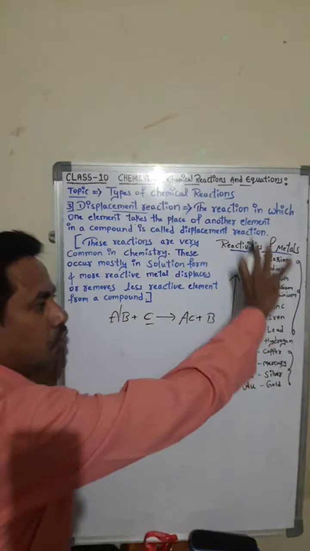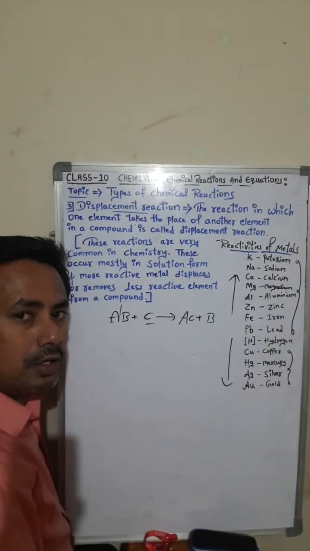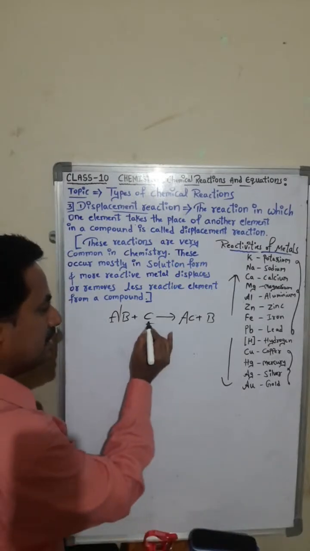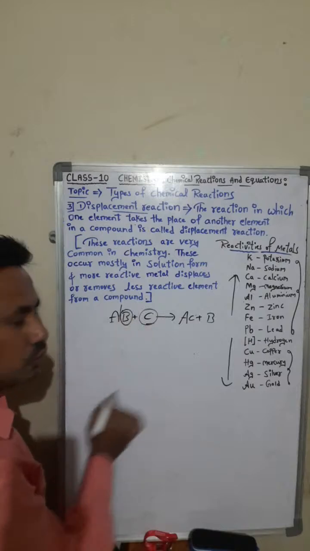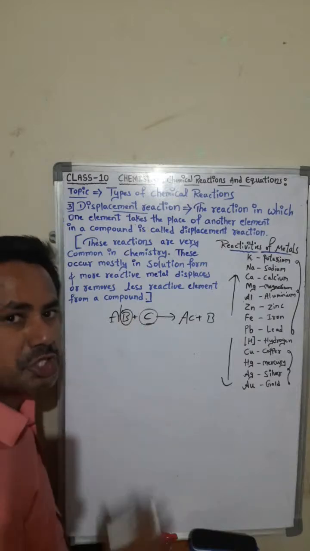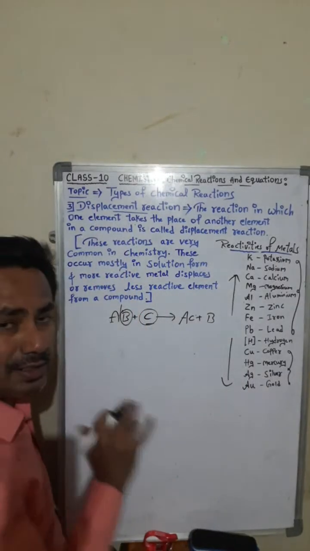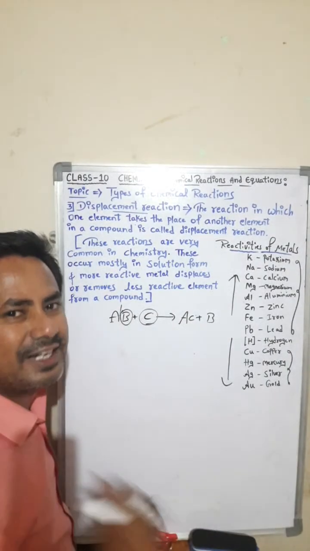Always a more reactive element displaces a less reactive element from a compound. See, here C is more reactive, B is less reactive, so that's why C takes the position of B. That is called displacement. What happened? The place changed, displaced here. So that's why it is a displacement reaction. Simple.